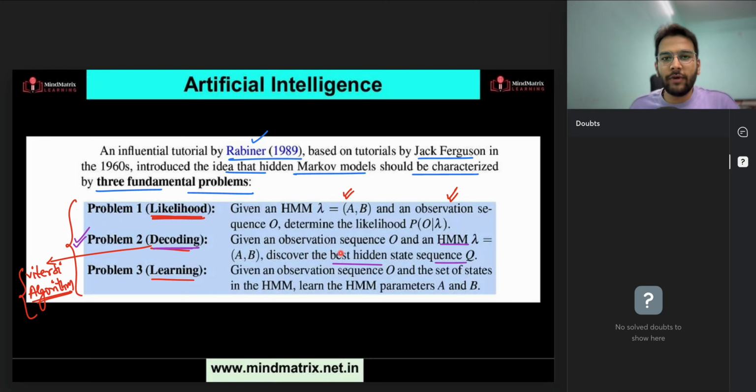But what you are trying to find out is to determine the likelihood of this observation sequence given the parameters. We are not talking about the hidden state anymore. We are talking about the likelihood of this particular observation sequence given the parameters. So that is our problem 1, that is likelihood.